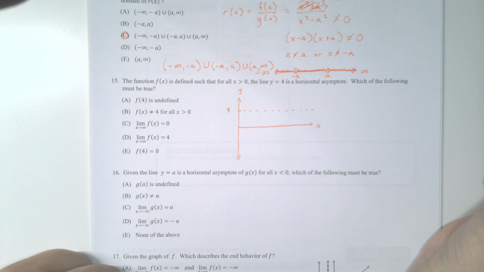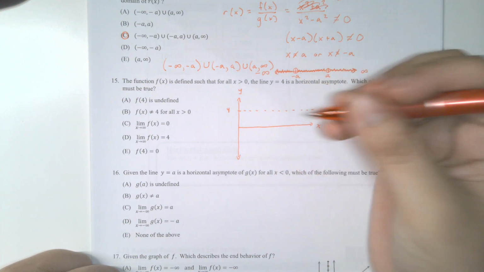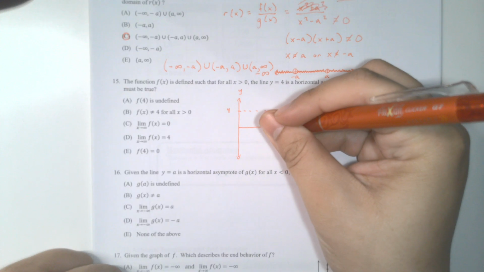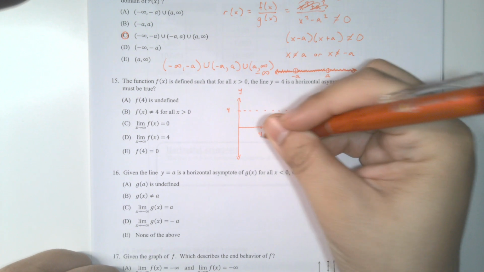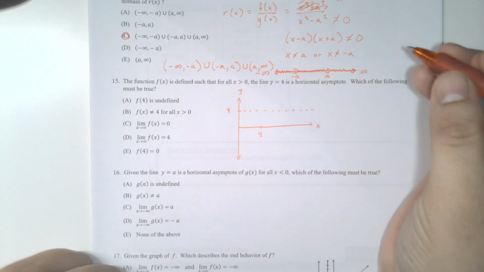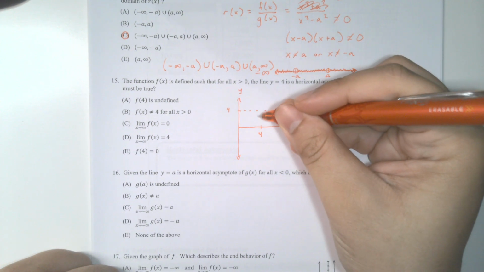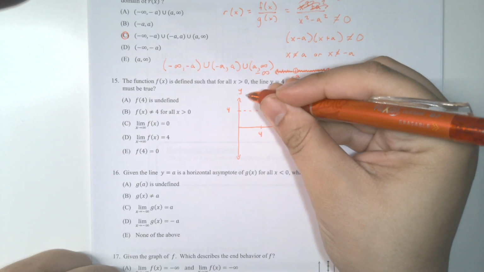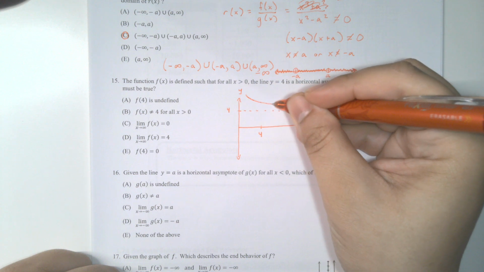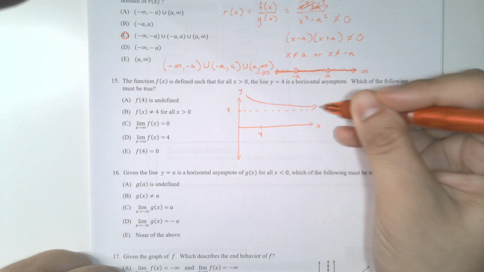So let's just analyze each of our answers as we go down. So starting with A, f of 4 is undefined. Well, that may not necessarily be true because where x is equal to 4, we could have a function that does something like this as it approaches this asymptote.